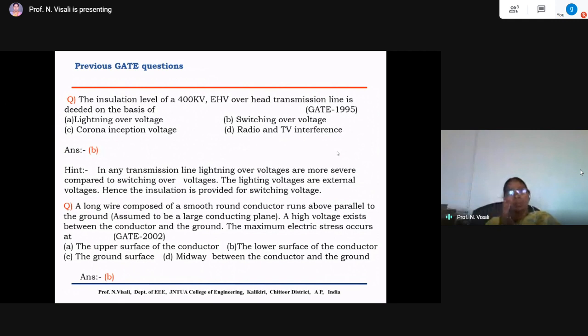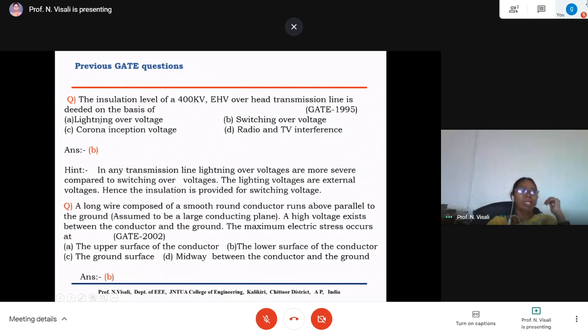So the insulation level of an EHV overhead line mainly depends upon the switching over voltage. Switching over voltage is nothing but one of the faults, or lightning over voltage. This is also a fault only, but this is a switching operating condition. At the time of switching, what type of insulation level do we have to use? Lightning is an abnormal condition which arises due to some other means, but switching is a frequent operation of the transmission line.